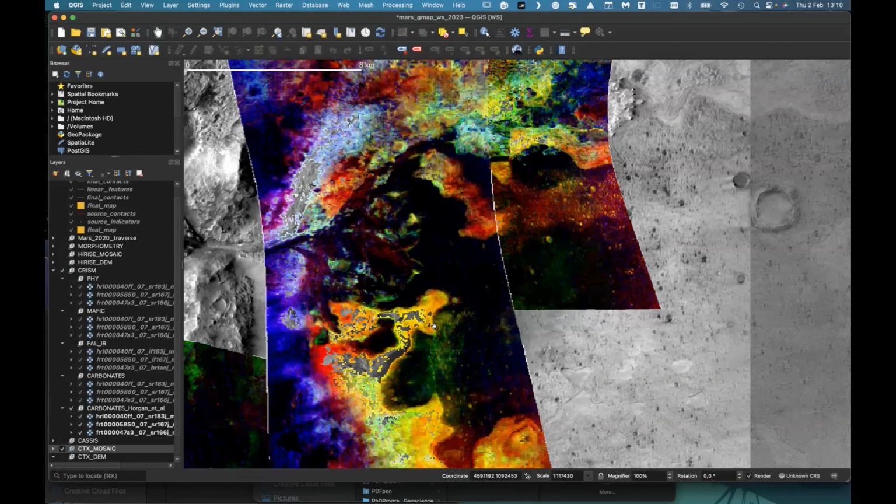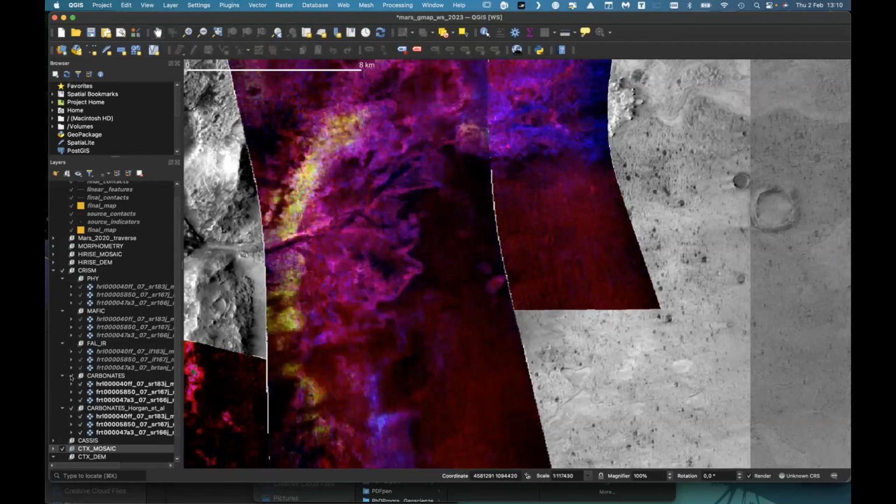The colors of the image are useful, but sometimes they can be confusing, because, for example, this area doesn't show up in the other carbonate brush product.